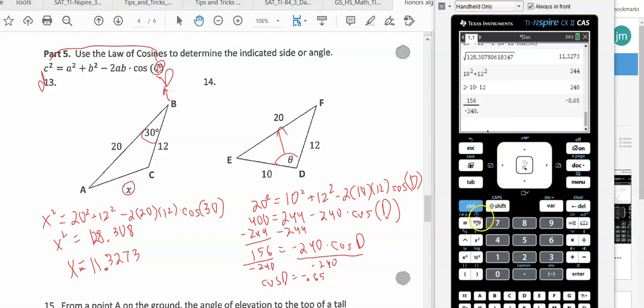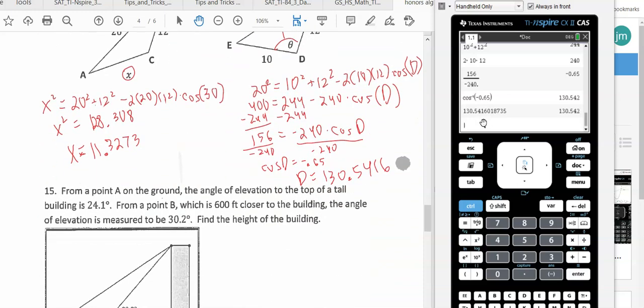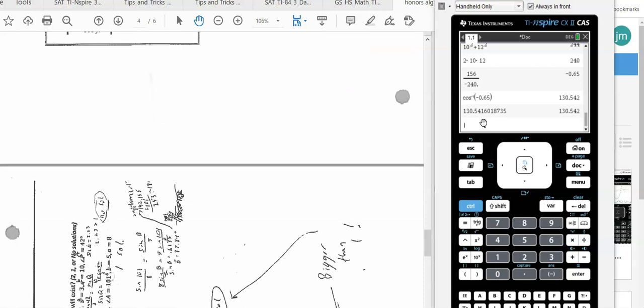Now take the inverse cosine of both sides of negative 0.65, and you get D equals 130.5416. And you've got it. Okay, we're almost there.